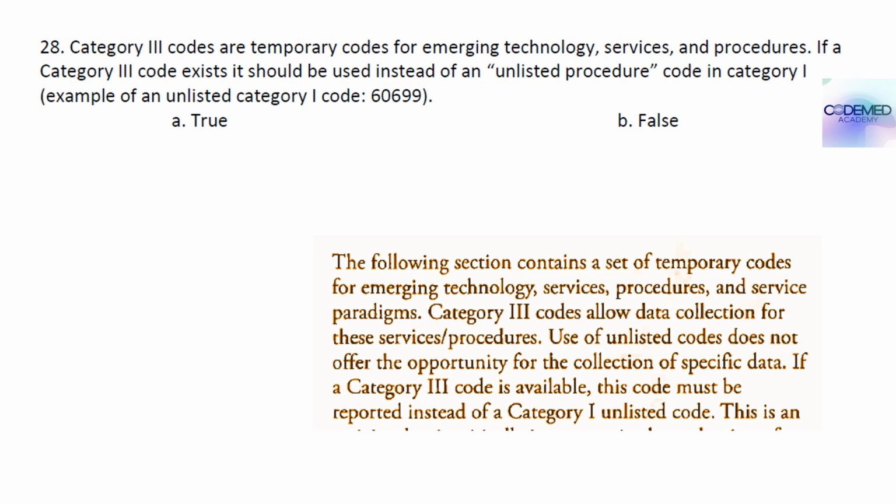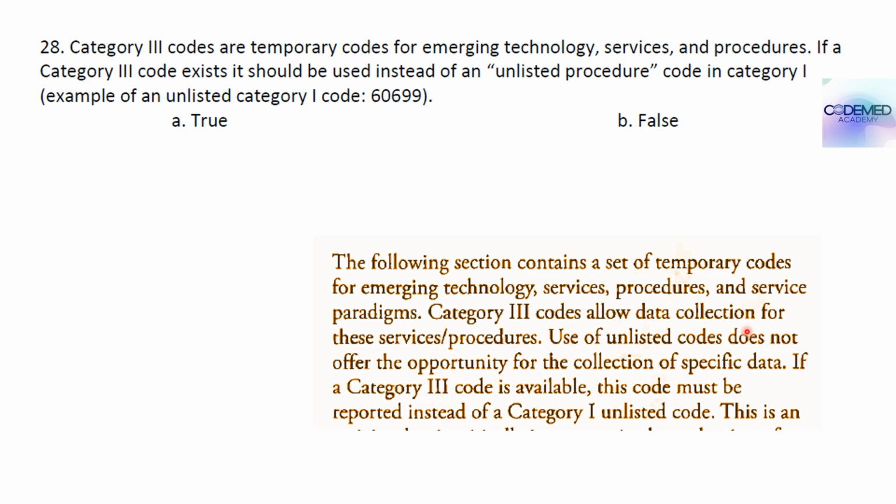Category 3 codes are temporary codes for emerging technology, services and procedures. If a category 3 code exists, it should be used instead of an unlisted procedure code in category 1. An example of an unlisted code is 60699; is this true or false? We have this definition of the category 3 code: the following section contains a set of temporary codes for emerging technology, services, procedures and service paradigms.